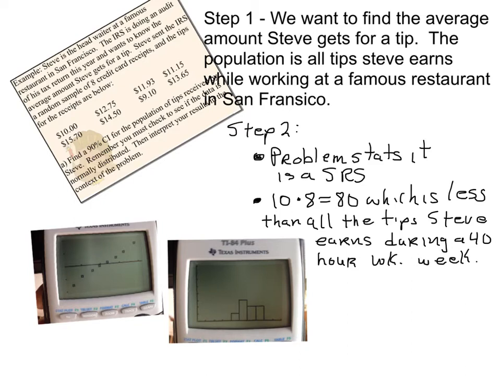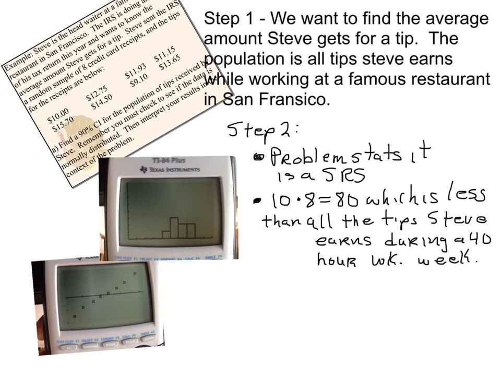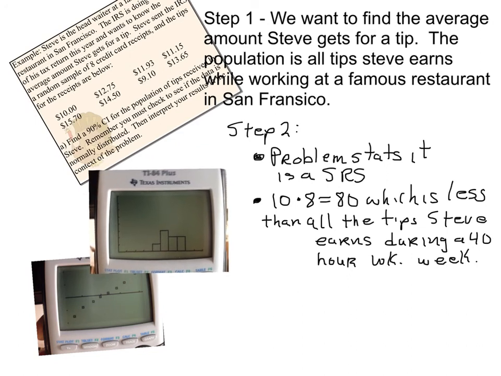And lastly, the normality plot and stem plot shows no skewedness or outliers. So our check for normality is verified.